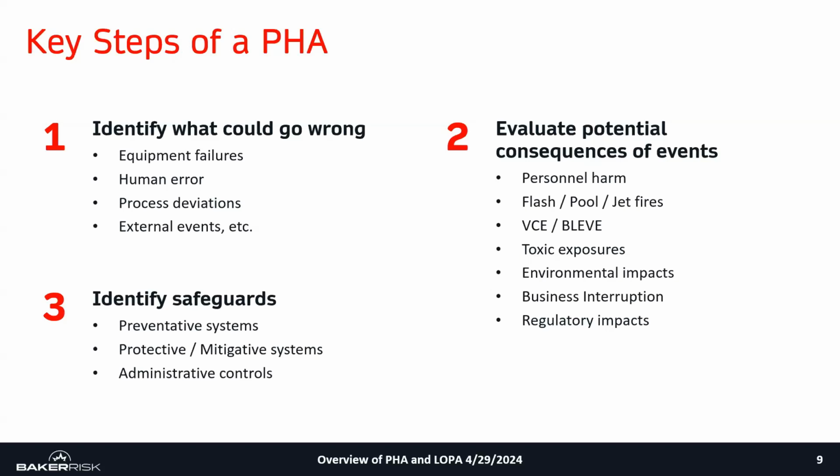The next step is, once you've identified what can go wrong, assess the potential consequences for each of those scenarios. So, you may be considering consequences in light of personal harm or safety. As you assess your process, you may have things such as fire or explosions, toxic releases that you have to assess and determine the consequence.